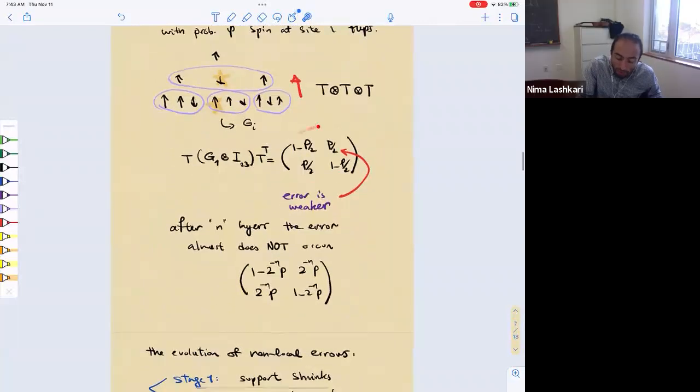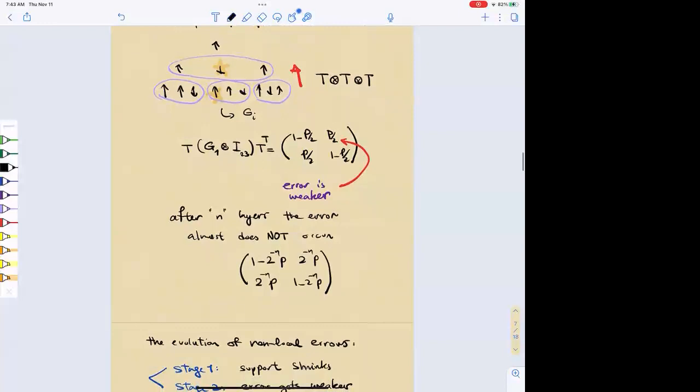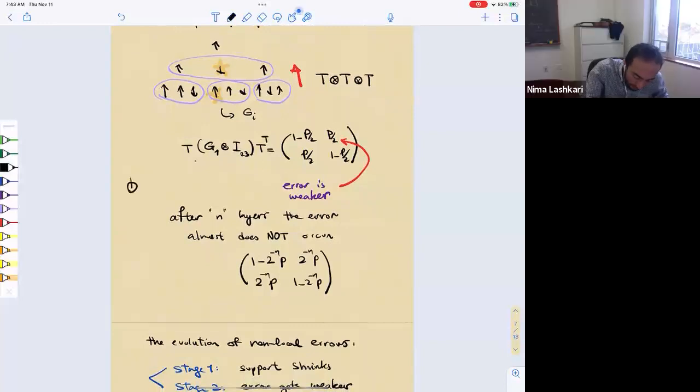Yeah. So after one step, the probability is split in half. So what you would like to do is apply, so think of this map phi of G1 tensor I23 as T, right? This is phi. What you're doing is that you're applying phi many times.